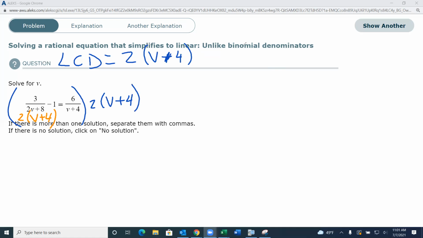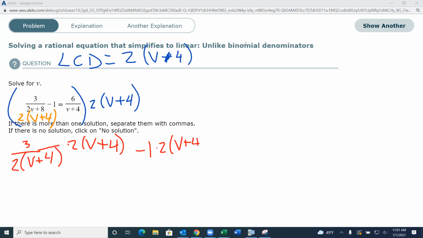And so we get 3 over 2 times v plus 4 times this guy here, 2 times v plus 4. Sorry about my handwriting. I don't know what the deal is. And then we also multiply it by the other term on the left, by that 1. So 1 times 2 times v plus 4.